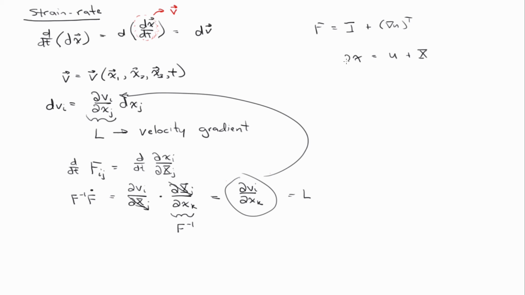And so then if we take the derivative of both of these, then this is grad u transpose plus I, right? So since the right-hand sides are the same, then these two guys must be the same, right? So that's right. So then now we have an equation for L.